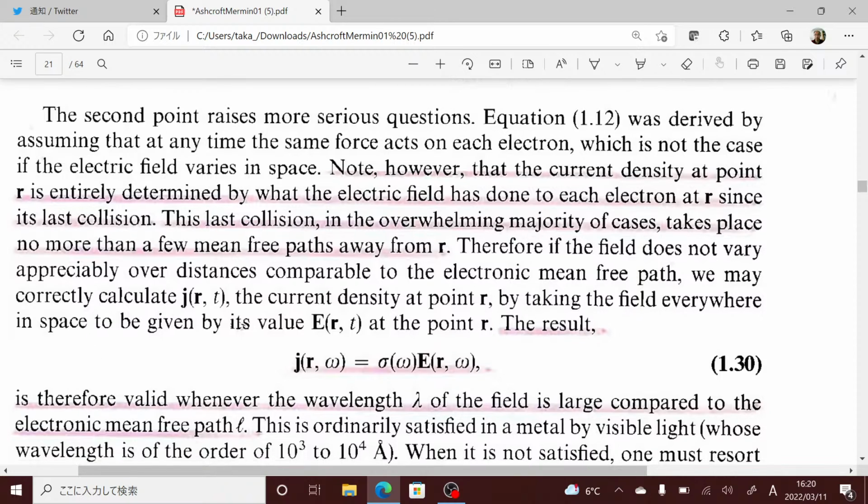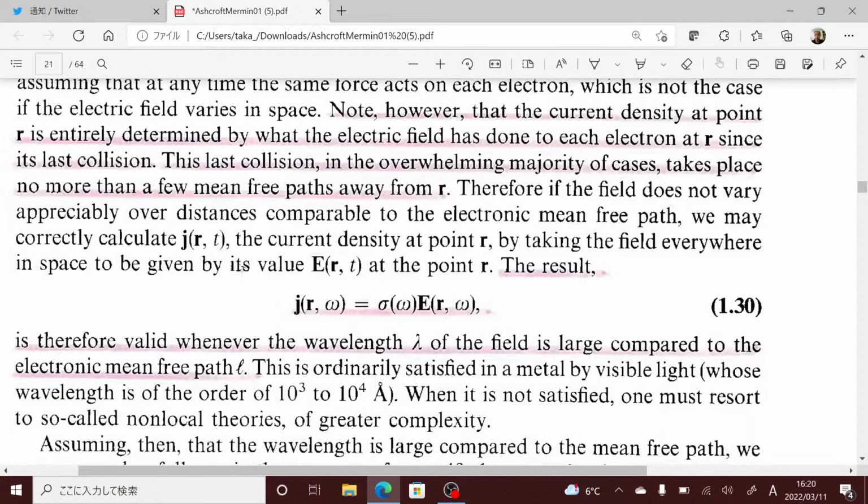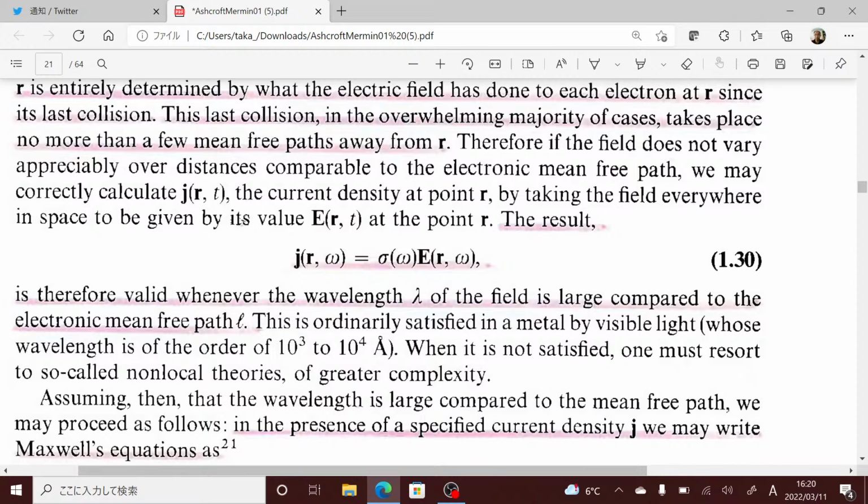The result, j(r,ω) equals σ(ω) times E(r,ω), is therefore valid whenever the wavelength λ of the field is large compared to the electronic mean free path l.